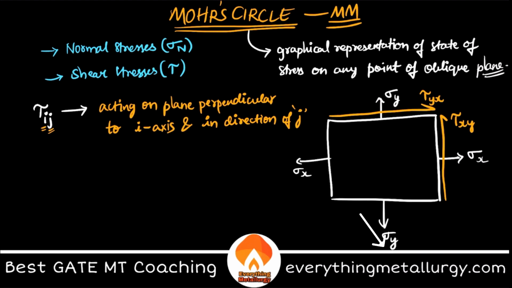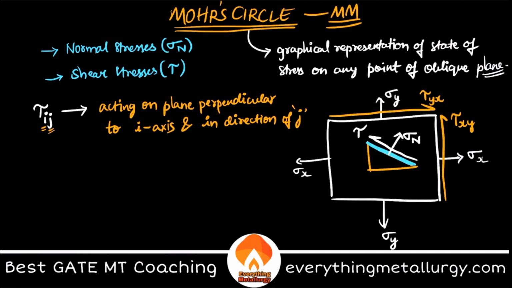Because this is what people typically tend to represent. Now, if I choose a small element in this particular plate, and this is the oblique plane I'm talking about, on this oblique plane there is obviously a shear stress and a normal stress acting.